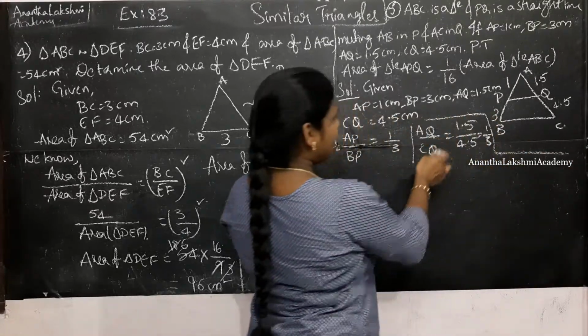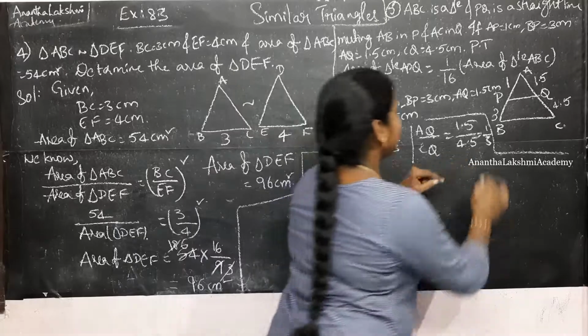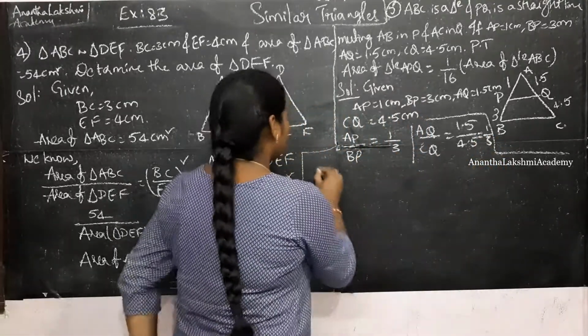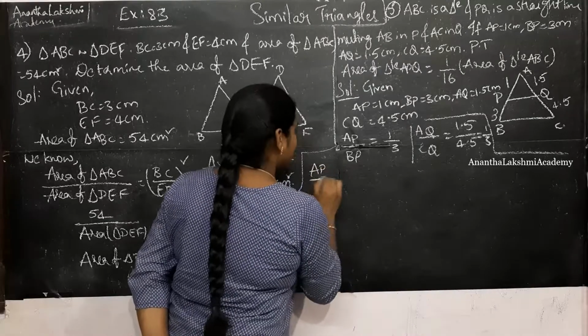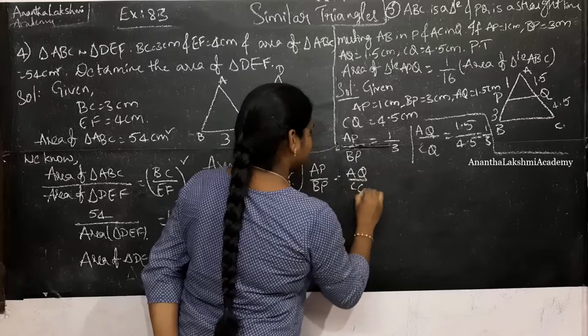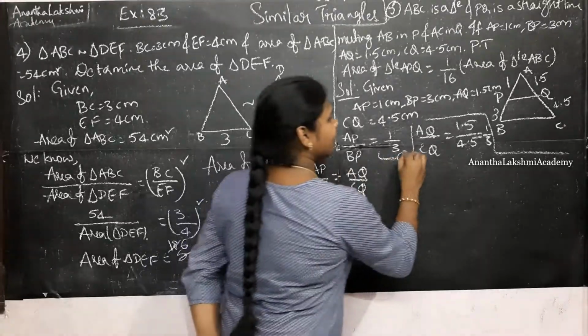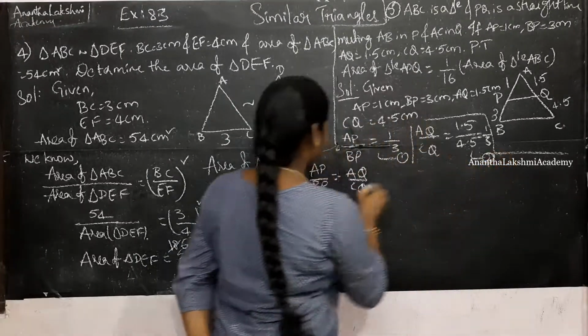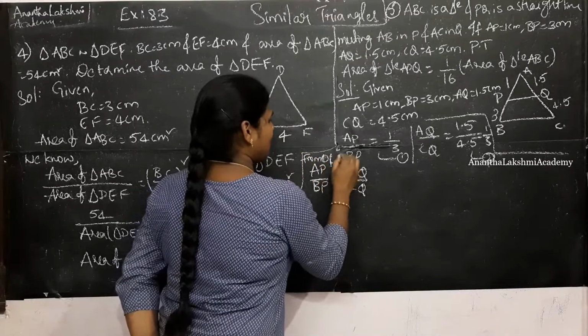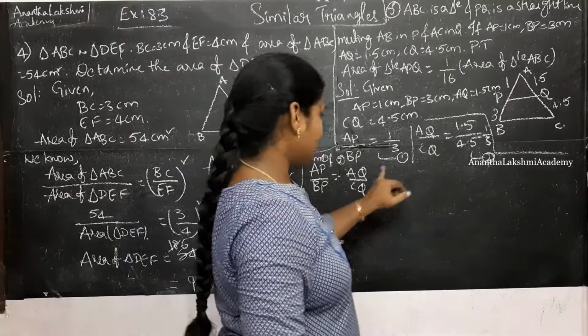So AQ by CQ is equal to 1 by 3 and AP by BP is equal to AQ by CQ. If you consider this as equation 1 and this as equation 2, from 1 and 2, we can write AP by BP is equal to AQ by CQ.